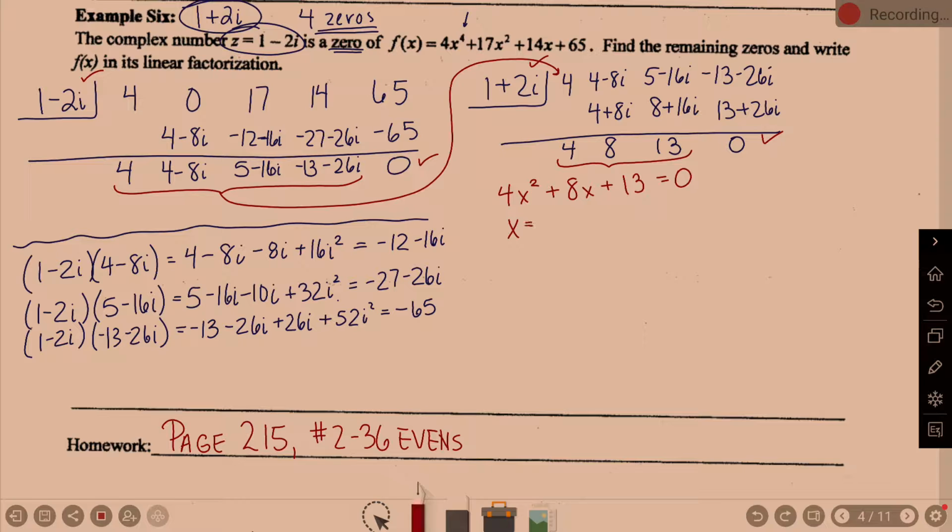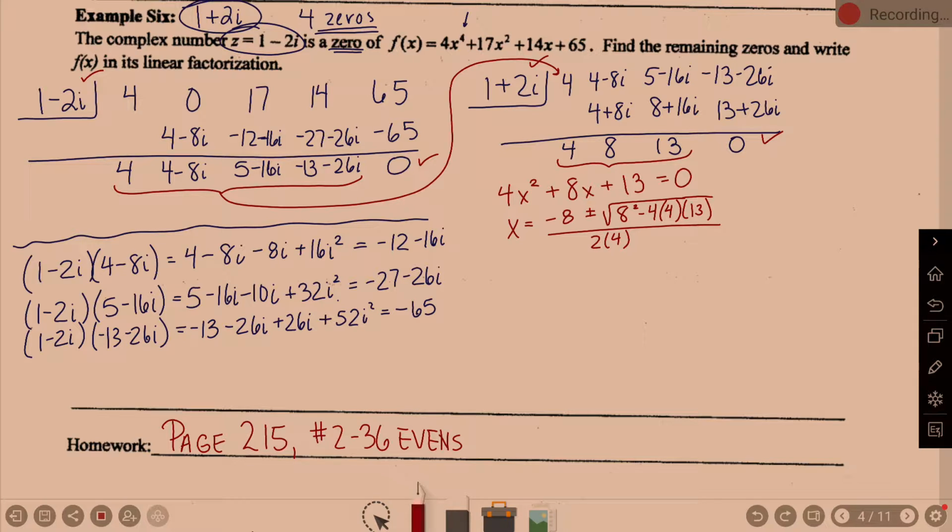So, quadratic formula, here we go. X equals negative b plus or minus the square root of b squared minus 4 times a times c, all over 2 times a. You guys are okay with quadratic formula, right?